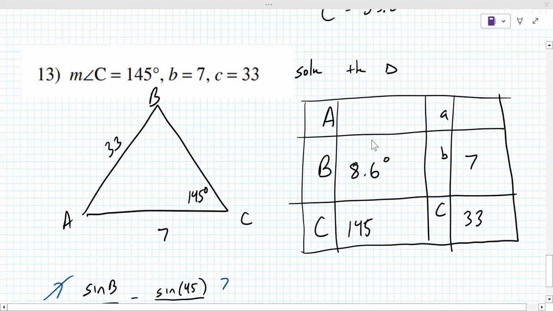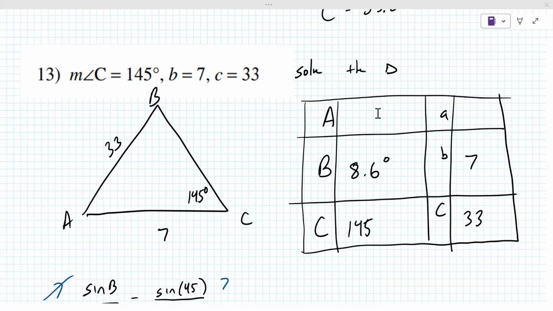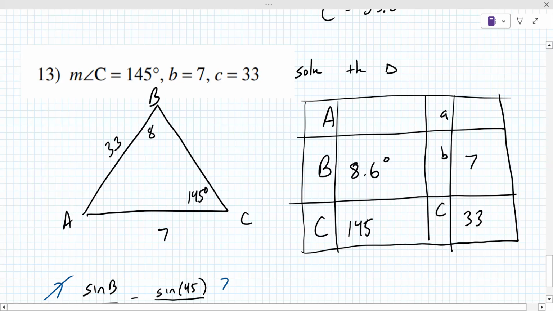All right, how do you find angle A? What do you know about the 3 angles in a triangle? They all add to 180. Yes.